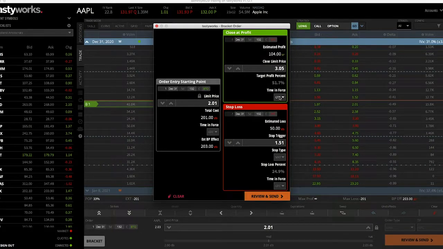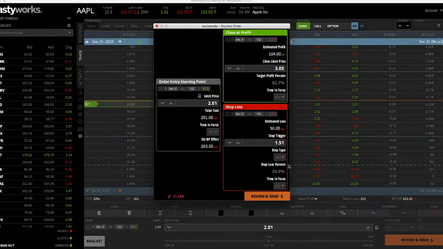So this close at profit will always be valid, and as long as you're in the trade it will still be effective. If you put good till date, it doesn't really matter for this top screen, close at profit, but good till date is essentially your expiry date of the contract, so this profit percentage would be in force until the expiring date. I don't really mess around with it. Good till cancelled is absolutely fine.